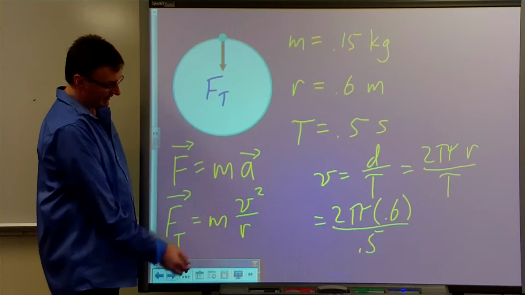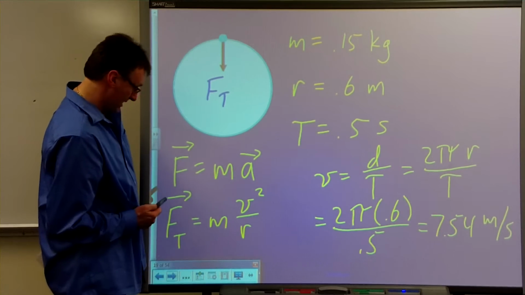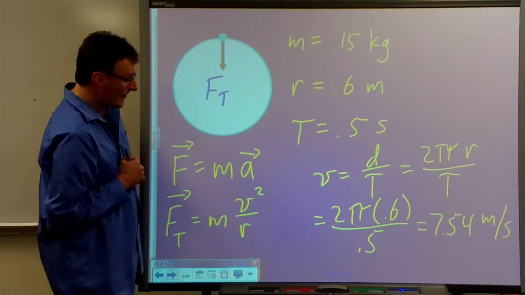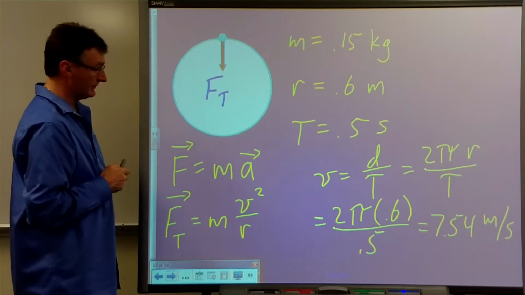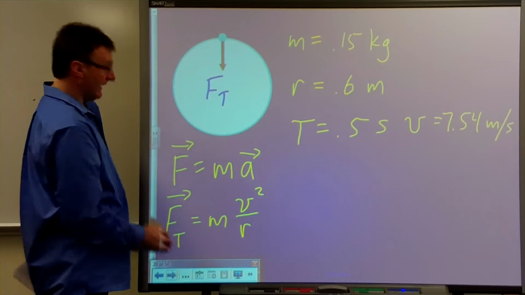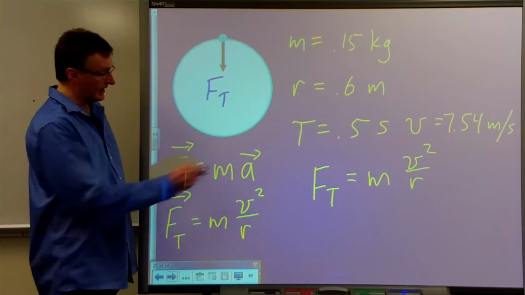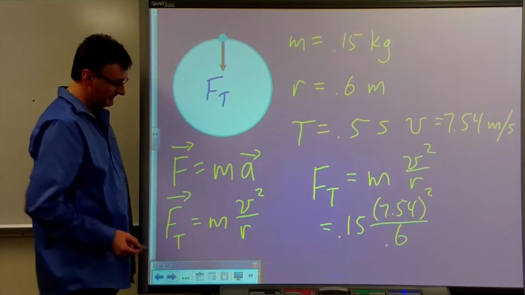So that's going to be 2 pi r, the distance around once, divided by the period. I'll put the numbers in there now, and you can see the speed is 7.54 meters per second. So now we have speed. We can go back to this equation and put the numbers into mv squared over r, which will give us the force needed.